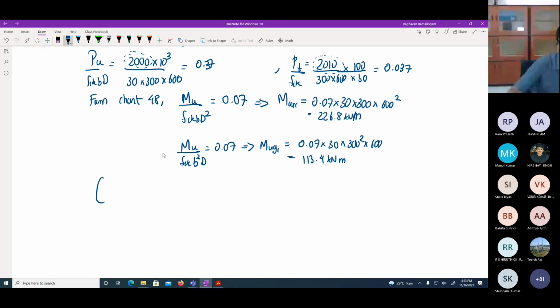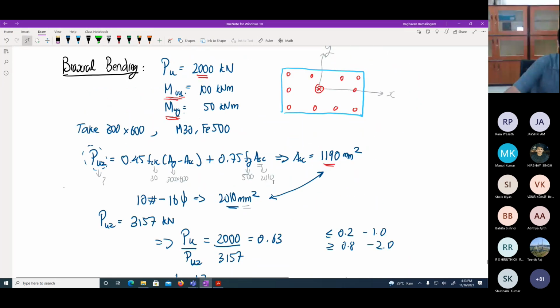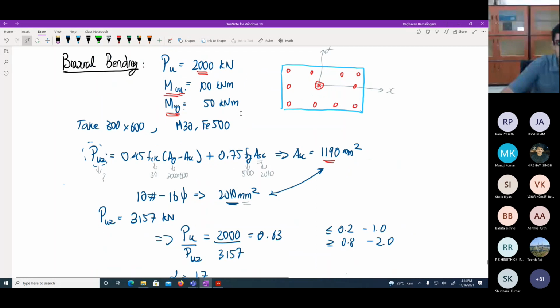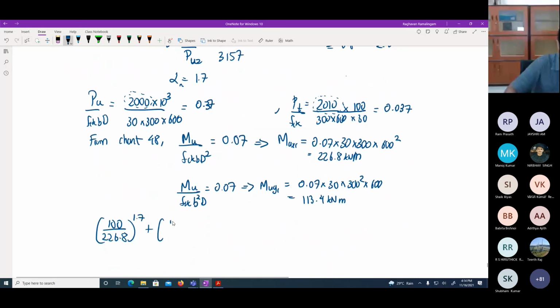So my Mu is 100 kilonewton meter and 50 kilonewton meter. Mux is 100 kilonewton meter, Mux1 is 226. My alpha n value is 1.7. My Muy is 50 kilonewton meter. Muy1 is 113.4.